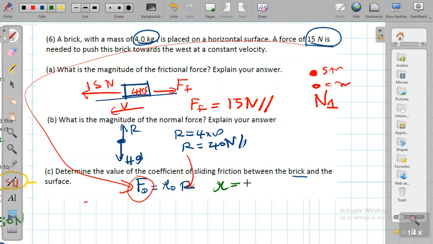It is 15 over 40, which is 0.375. That is the coefficient.